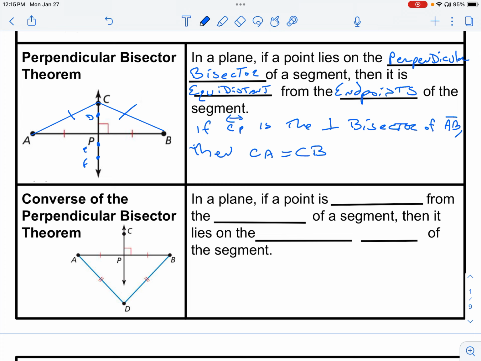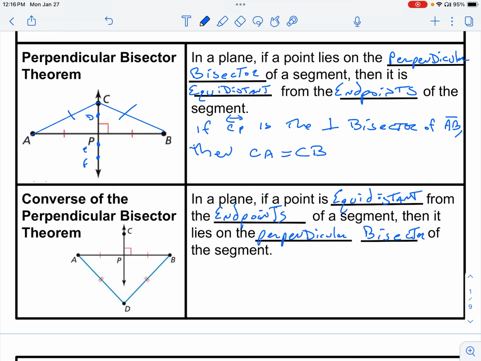The converse is also true. If a point is equidistant from the endpoints of a segment, then it lies on the perpendicular bisector of the segment.